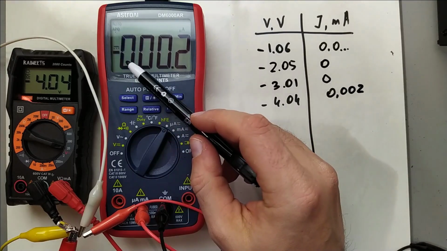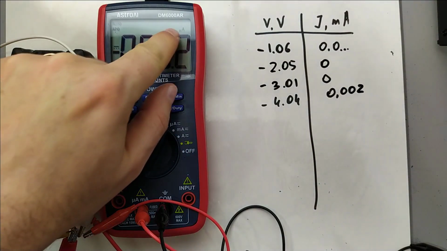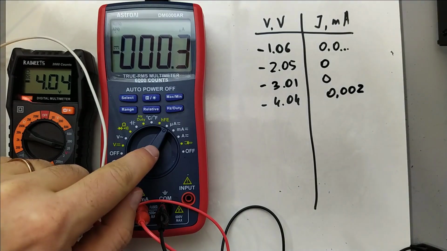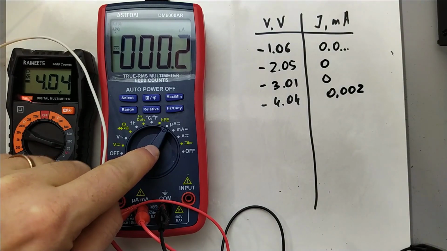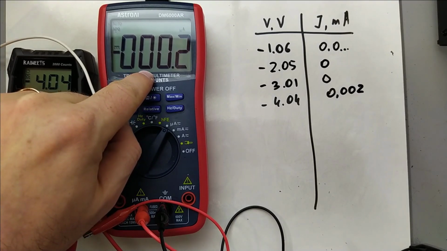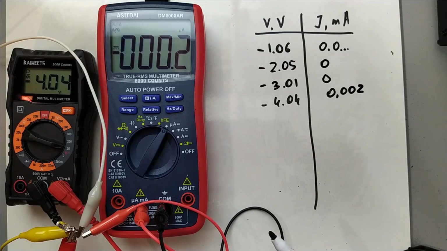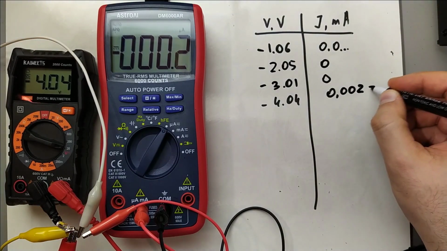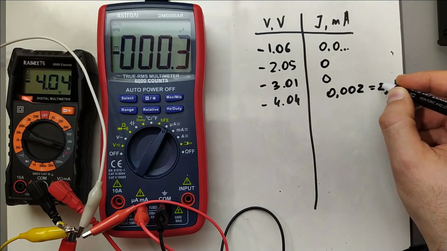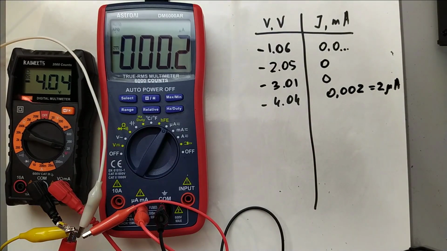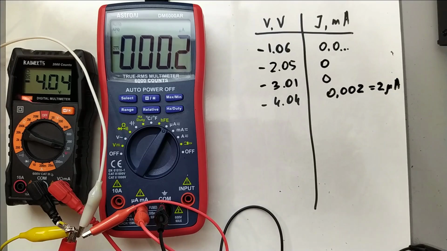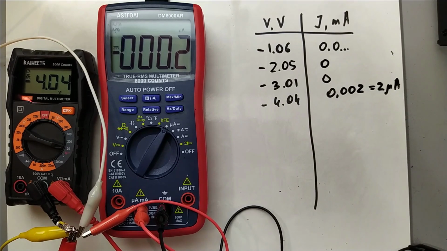One milliampere would be here, because now we are in the microampere range and at the highest sensitivity of this multimeter. So we have 0.002 milliamperes, which is equal to 2 microamperes. So this is really, really tiny current flowing through this device at quite large reverse bias. I wouldn't go to minus 5 volts just to be sure that we don't burn the light emitting diode. We still will need it in the future.